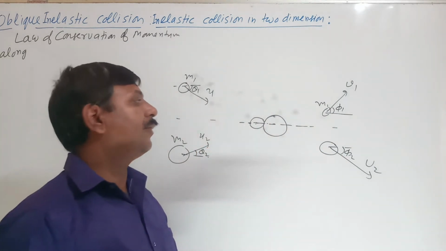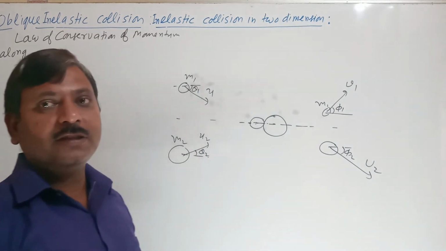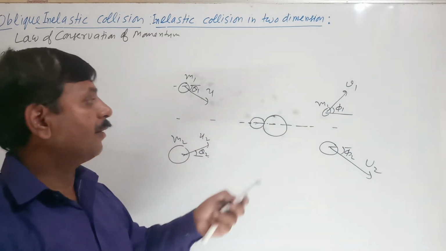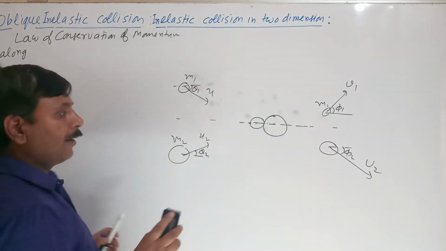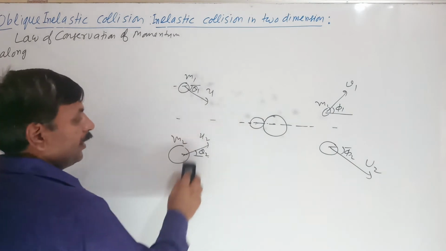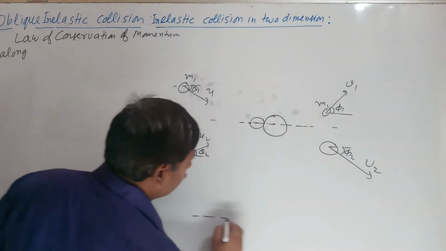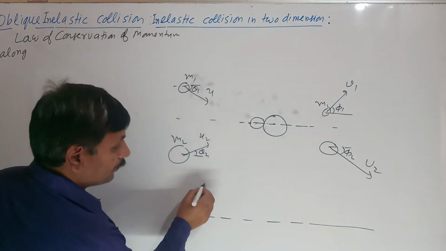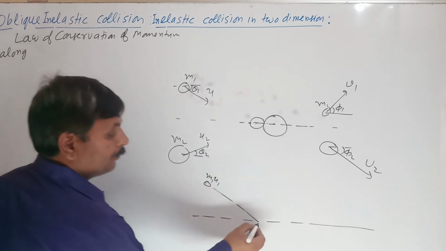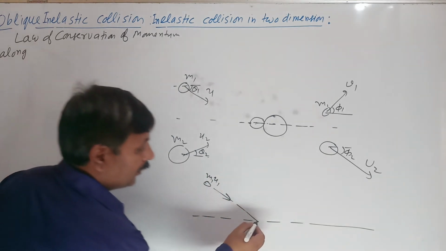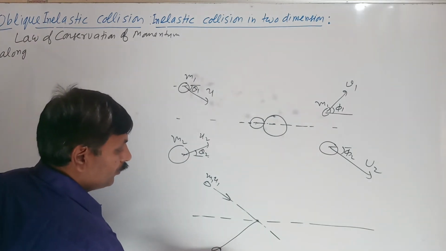Along the x-axis only action and reaction are there; they apply force to each other in the collision. So we have to remember this. Again I am going to represent it in a single line. This is the x-axis. Here m1 u1, here m2 u2.